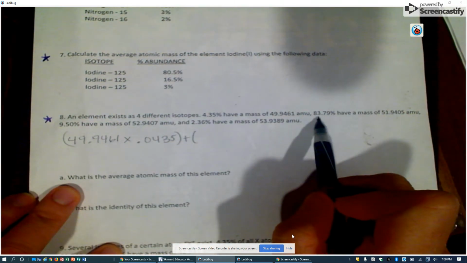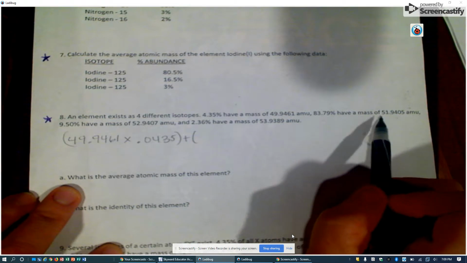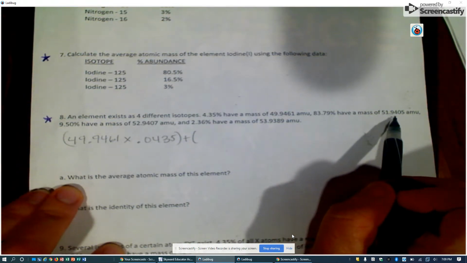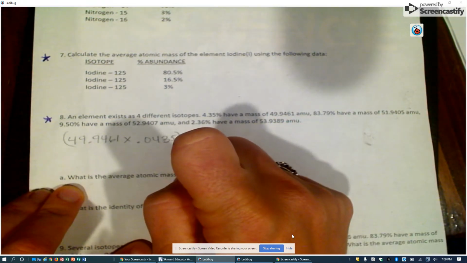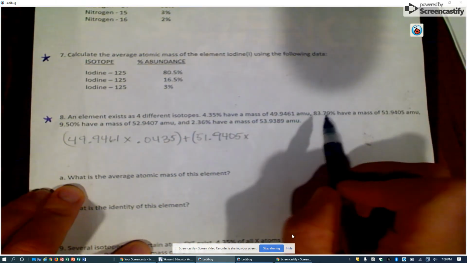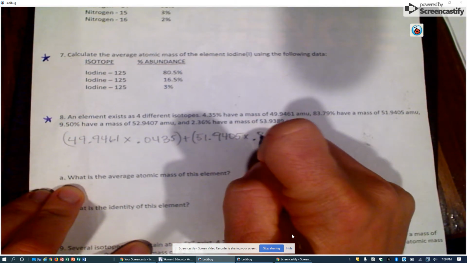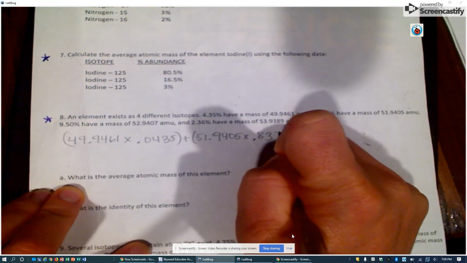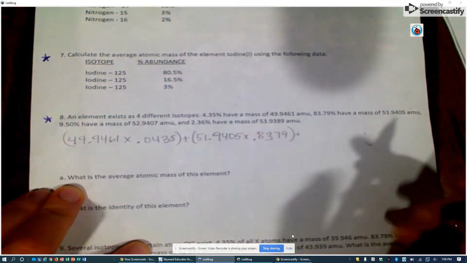Then I'm going to add what the other one is. So then it tells us 83.79 has a mass of 51.9405. So 51.9405 times 0.8379.